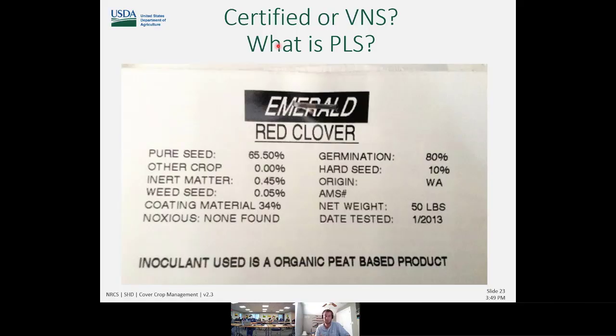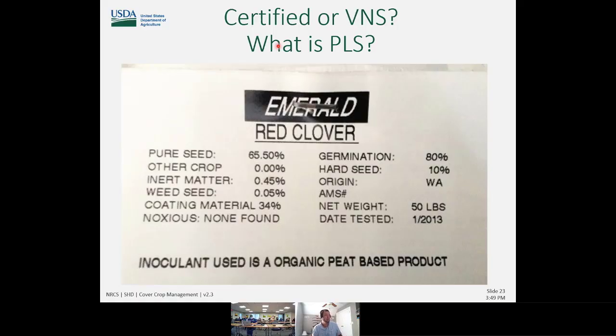Is it in PLS, pure live seed, or is it simply pounds per acre in terms of developing different seeding rates? We can figure PLS from this seed tag. You take things into account like the pure seed, the germination, and the hard seed, and we figure those things up to determine what amount of pure live seed would be needed to accommodate, say, a 10-pound per acre seeding rate for something like red clover.